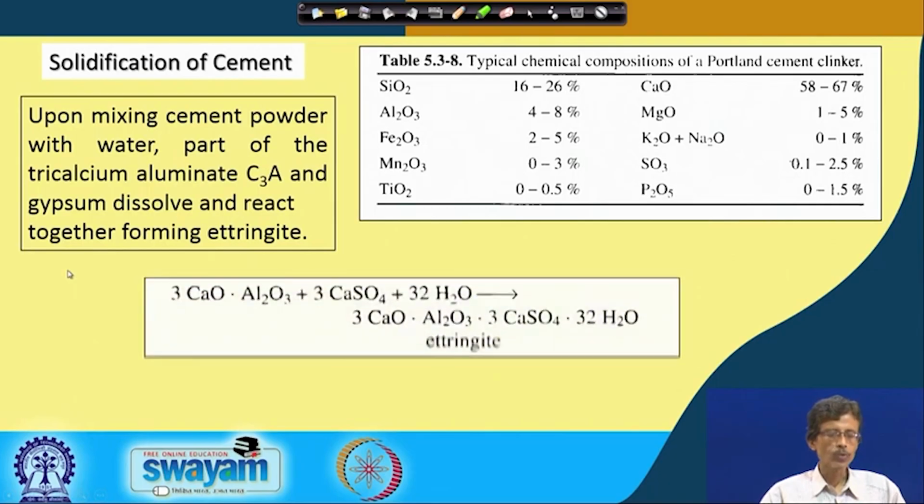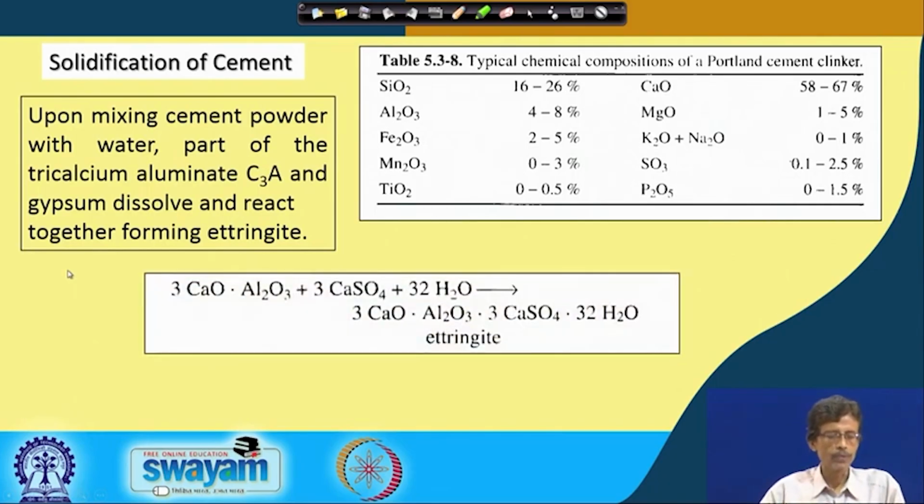The reaction is typically written in dot formula form, but you can also use the full formula of calcium aluminate, Ca3Al2O6, together with gypsum and water.